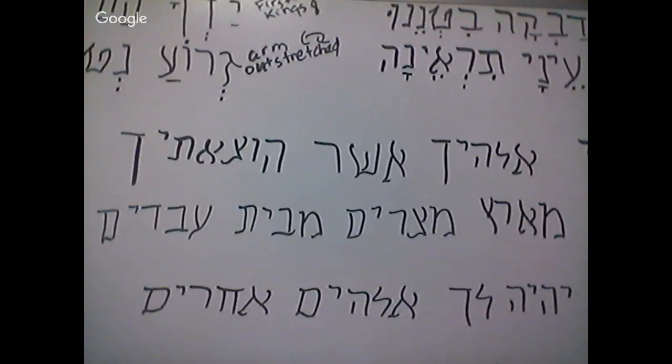But enai means what? My eyes. Had that been the word ak and it said akai, it would have said my brothers. So it says what? Enai tira'ena. Now let's understand what we're looking at with this word right here for those following along. You have the tav, the resh, the aleph, the yod, the nun, and the hey.